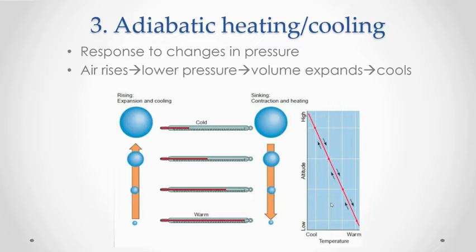As it rises, it expands and it cools because it has the same amount of energy, but it's spread out over a larger area. Conversely, if you take that larger parcel of air and condense it, make it smaller, it starts to warm up. So as air rises and the pressure lowers, the air expands and it cools. That's what's called adiabatic heating and cooling.